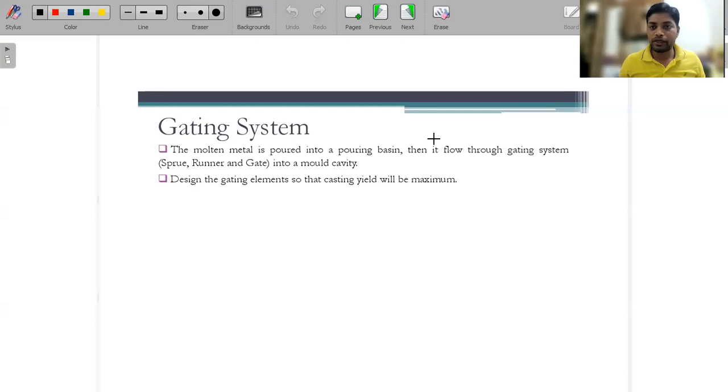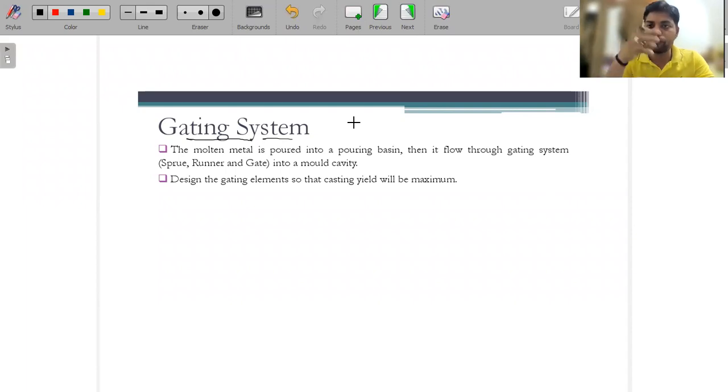So, okay, guys, this is the permeability number. Next we are moving to the main topic of today's class, that is the gating system. As we discussed in the casting terminology, there is a pouring basin.